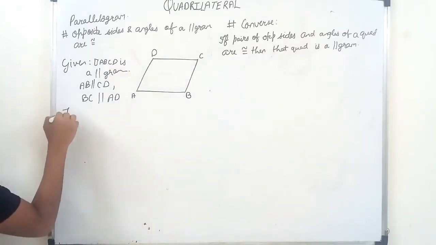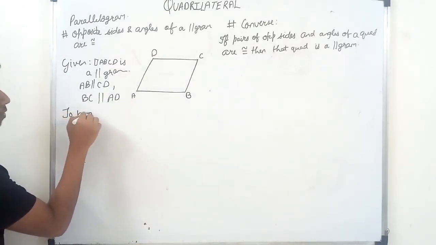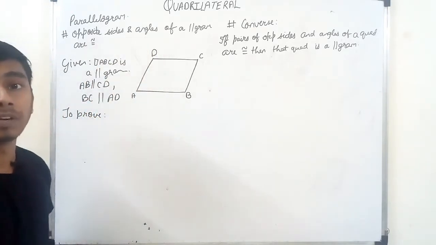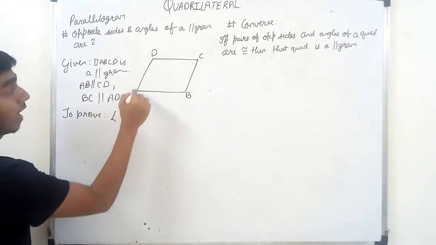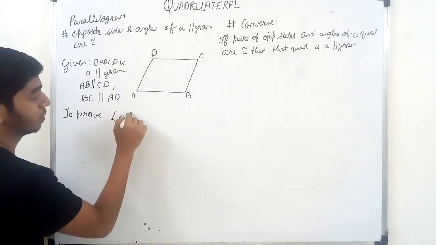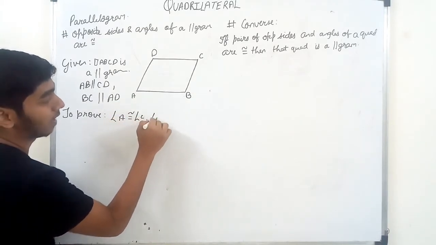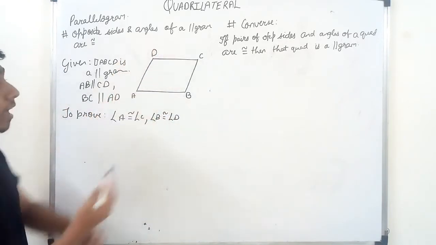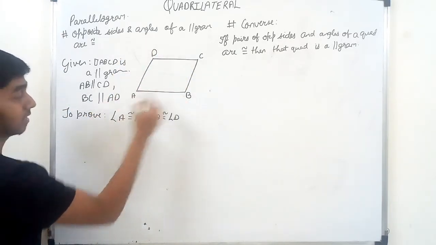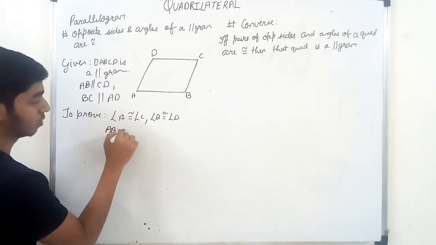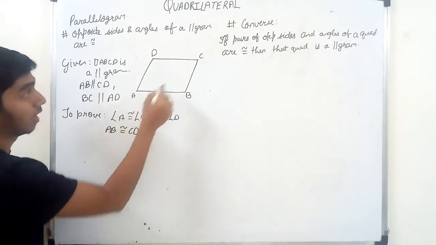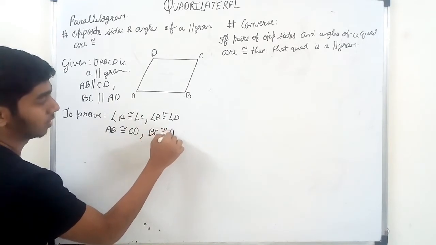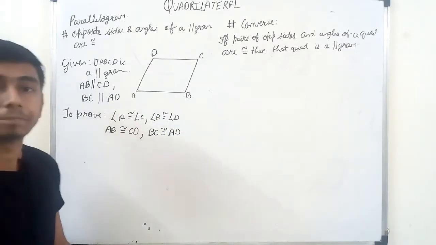Now, what is to be proved? We have to prove that opposite sides and angles are congruent. That means angle A should be congruent to angle C, angle B should be congruent to angle D, that is opposite angles. Then opposite sides, that is AB should be congruent to CD and BC should be congruent to AD.